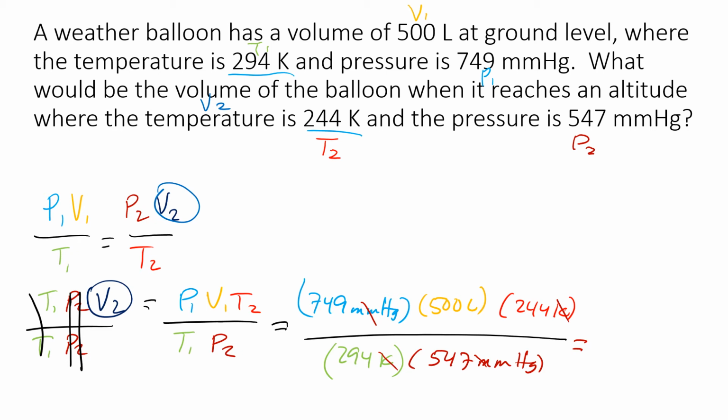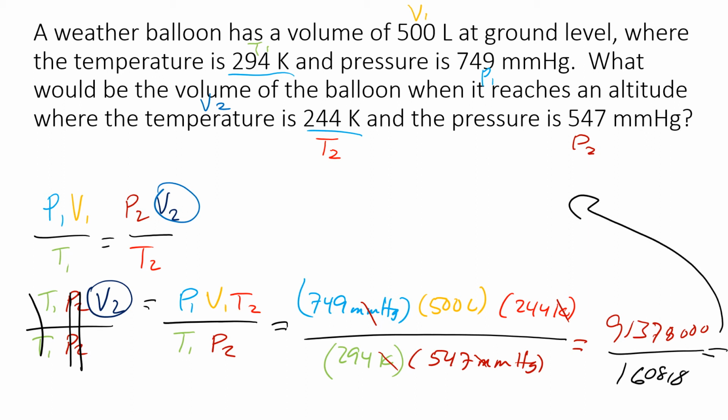749 times 500 times 244. You end up with 9137800, then divided by 294 times 547, which is 160818. This equals 568.207539.